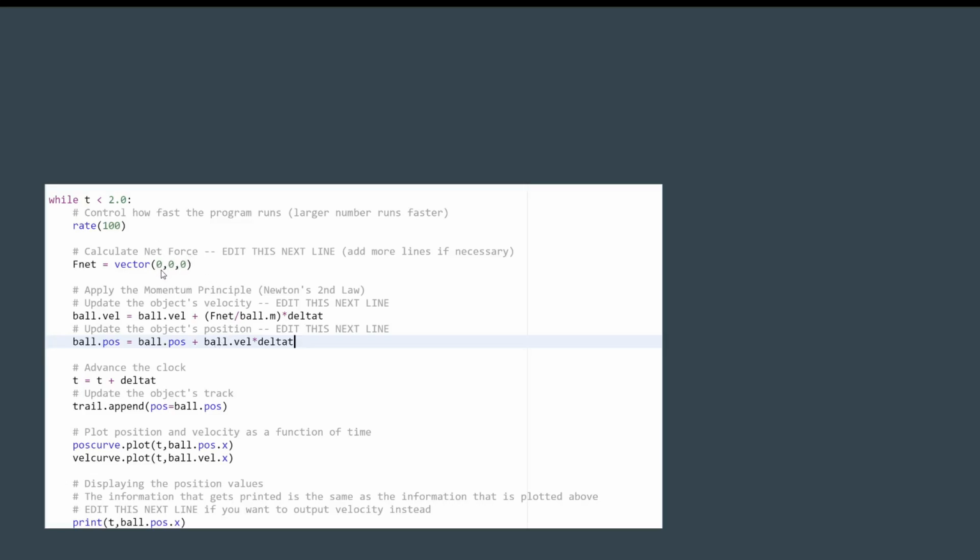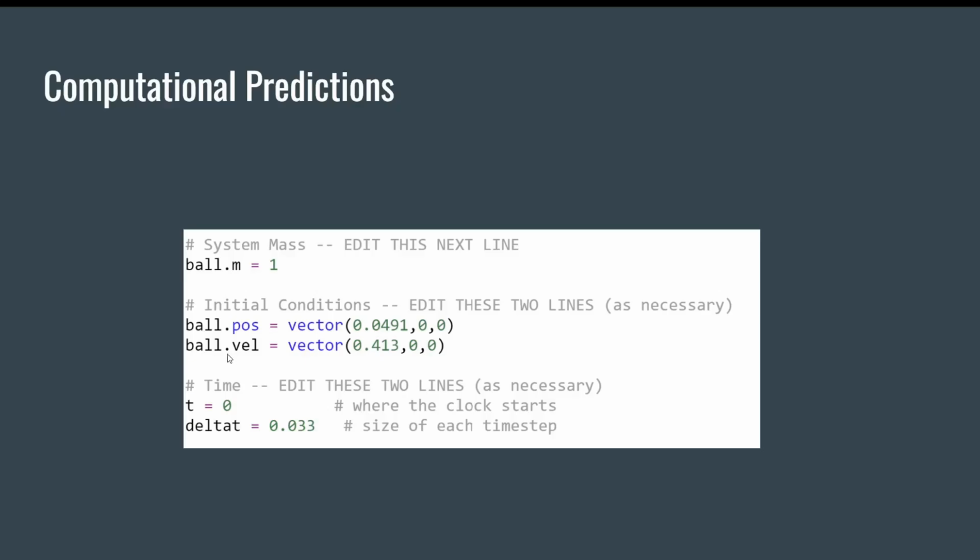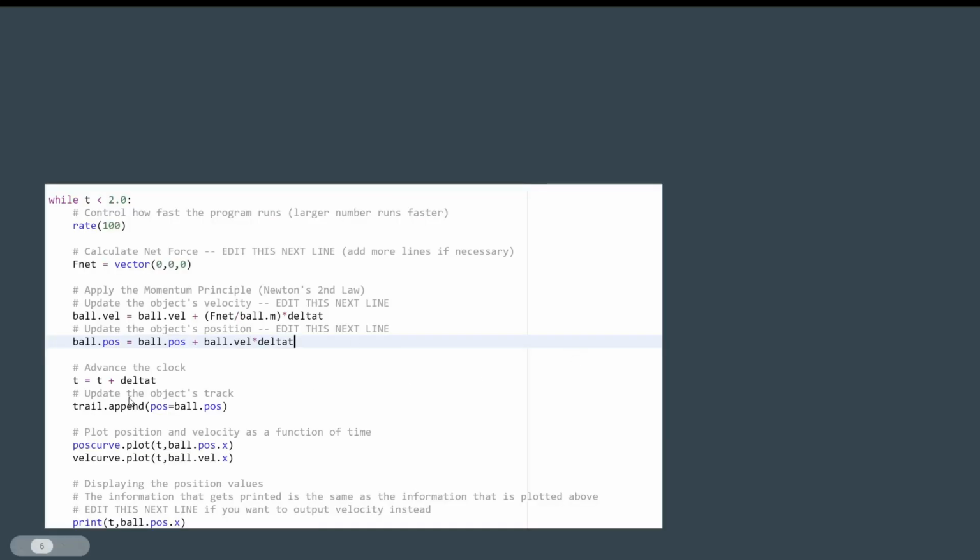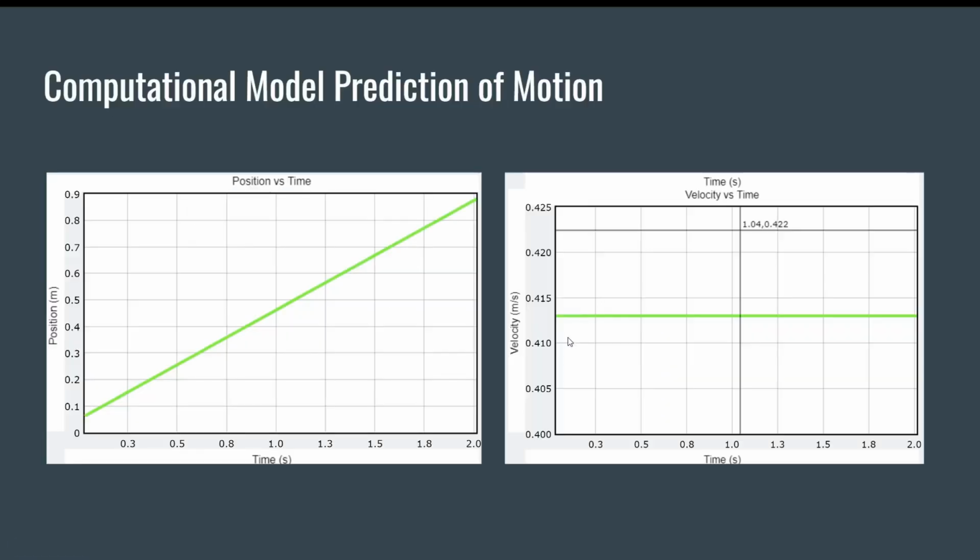Since the net force vector is zero, this entire part of the equation gets canceled out, and the velocity is just equal to itself. The position is just simple velocity times the change in time to get that displacement. And this is all just plotting and advancing the clock.